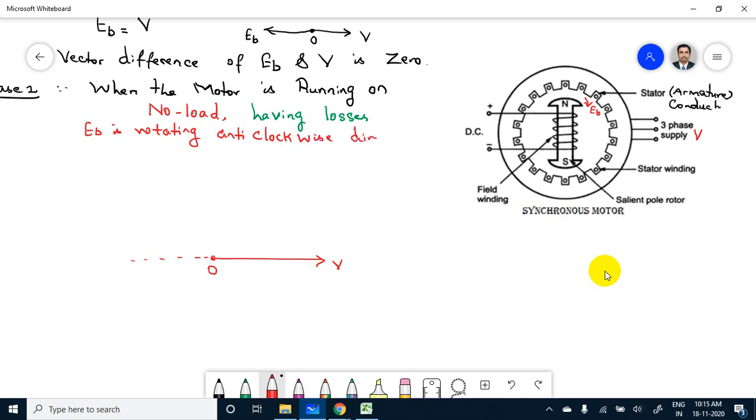This is my y-axis, this is x-axis, this is positive, negative, positive, this is negative. Anti-clockwise means it will be running in the opposite direction.